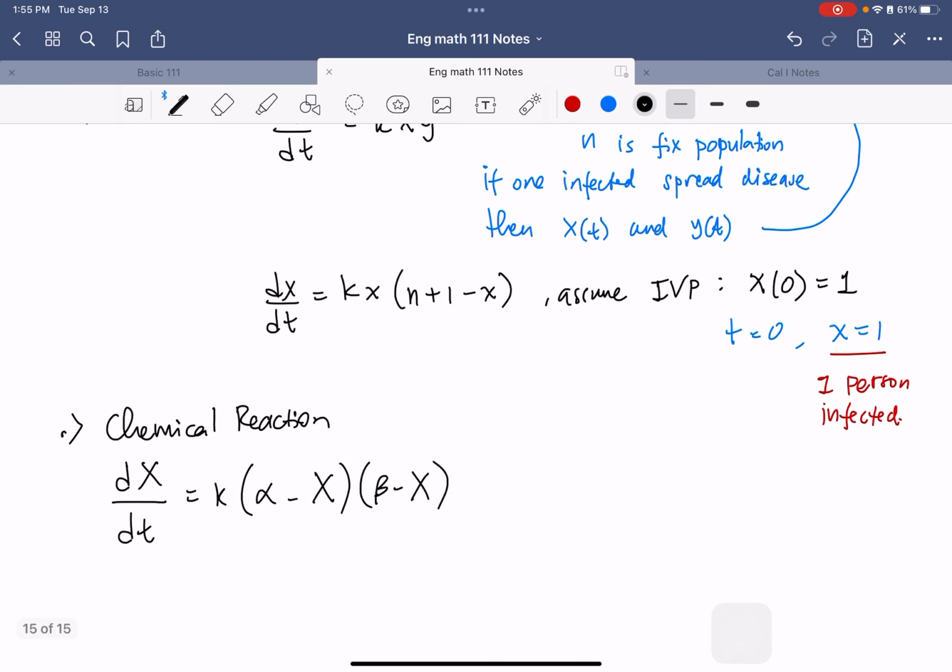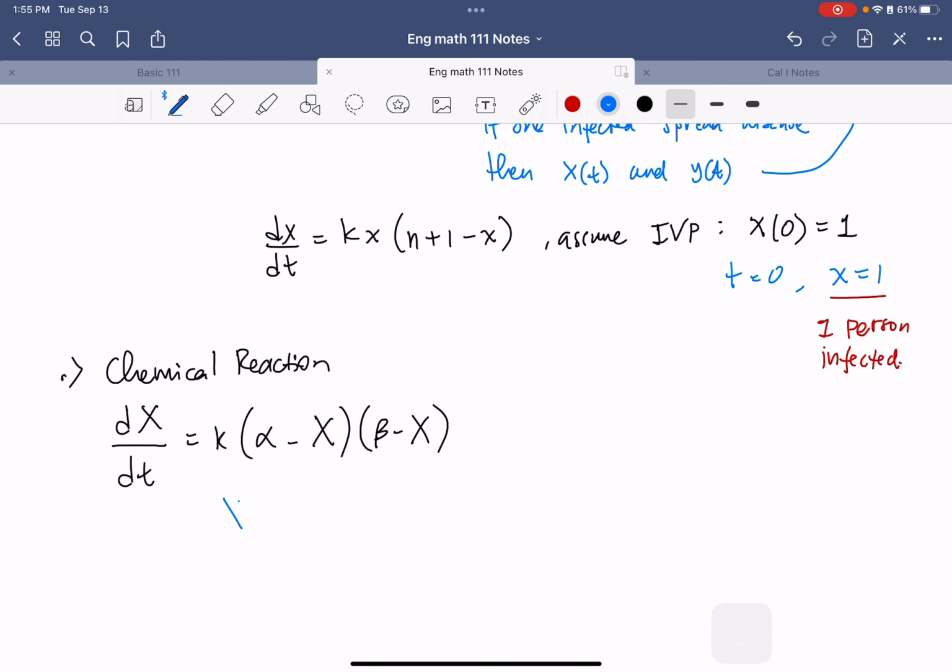So X is the amount of some molecules formed by chemical reaction.